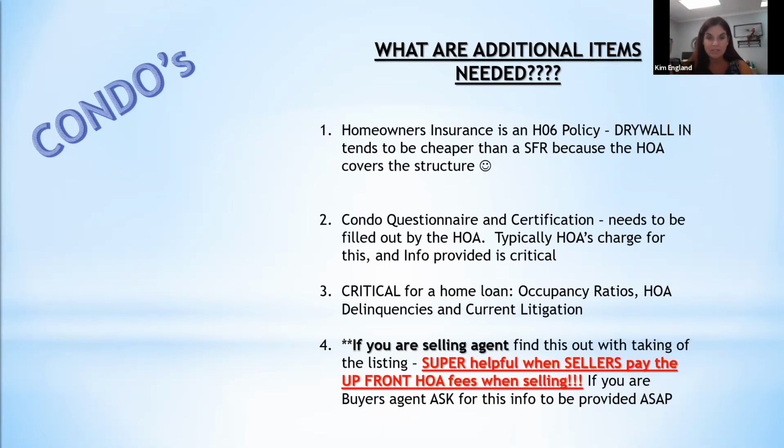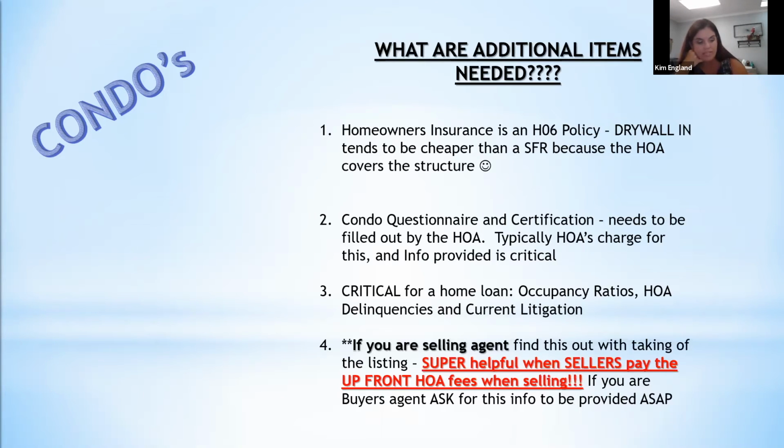Things the lenders are looking for are occupancy ratios, meaning they typically want to see an owner occupancy ratio of about 51% owner occupied versus non-owner occupied. We're checking for HOA delinquencies.